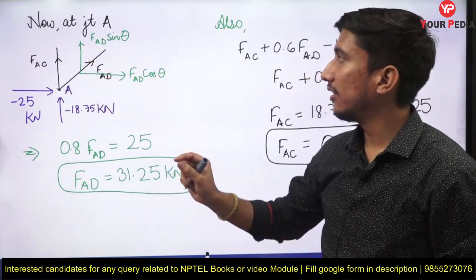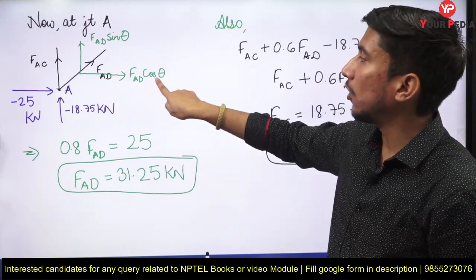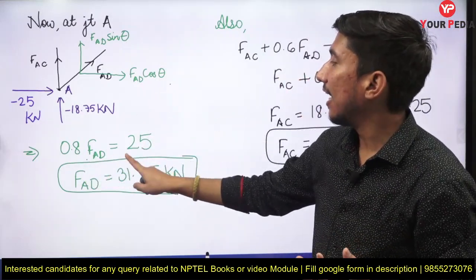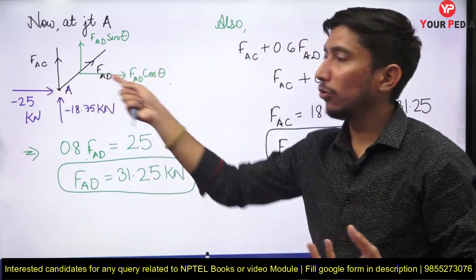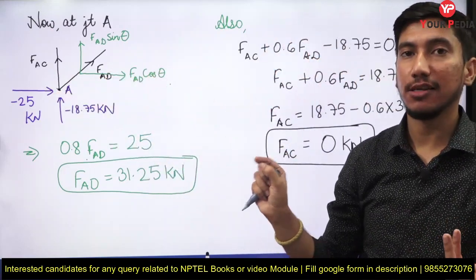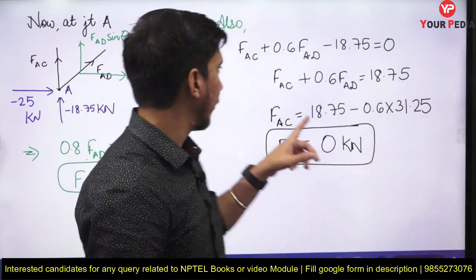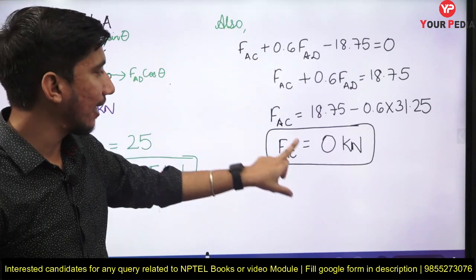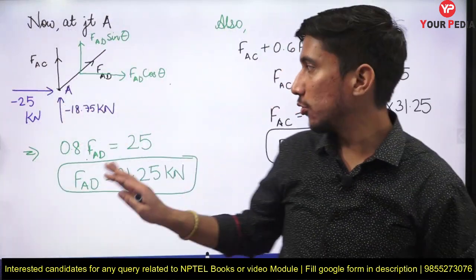So what I did is FAD cos 37 degrees, which is 0.8 FAD, plus 25, is equal to 0. I did the summation of Fx is equal to 0. From here I get FAD. Then I did the summation of Fy is equal to 0. From here I get the value of FAC, which was 0 kilonewton. Now joint A is complete.